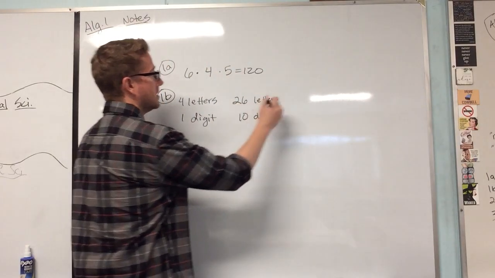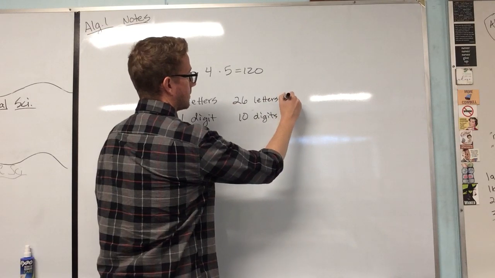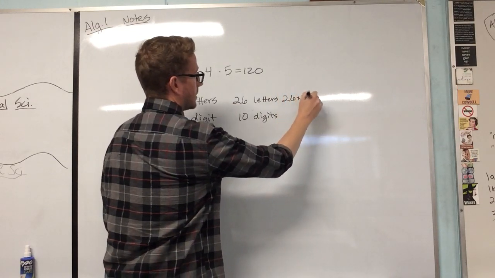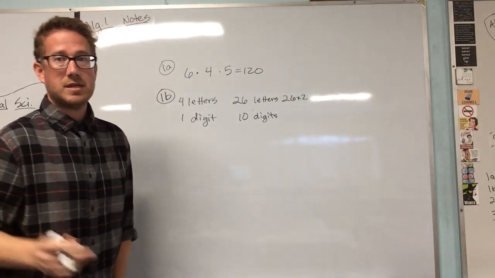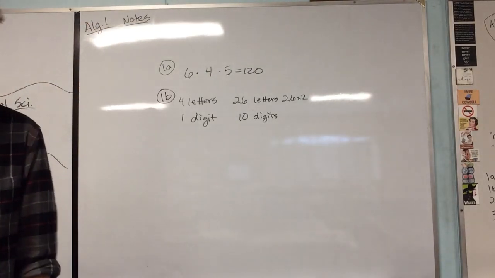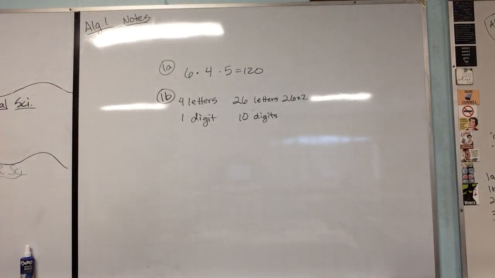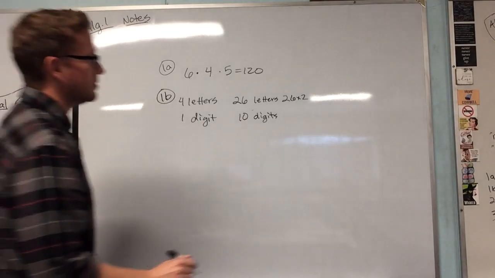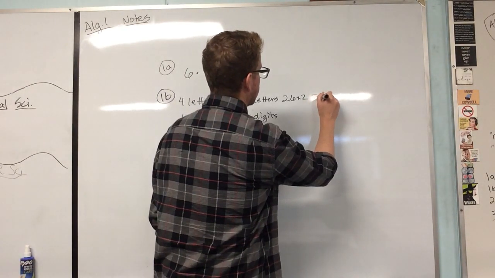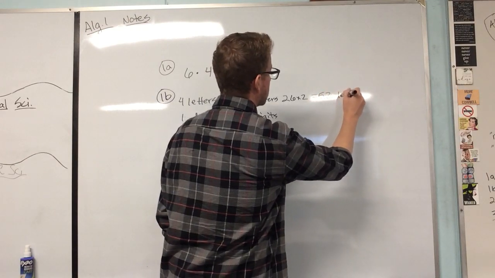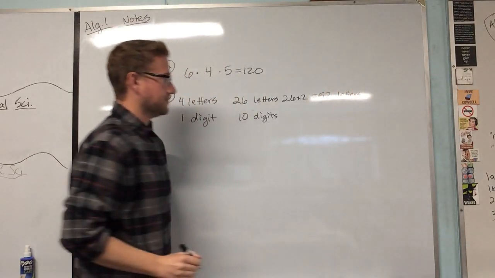So if we say 26 times 2, because in this situation you have 26 uppercase letters and 26 lowercase letters, giving you a total of 52 letters.